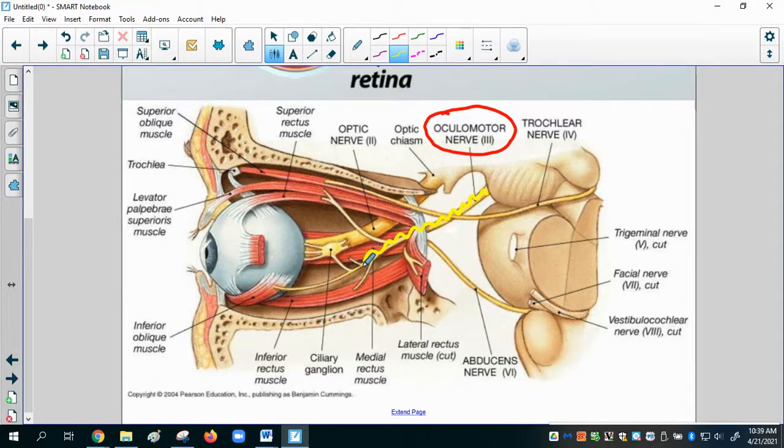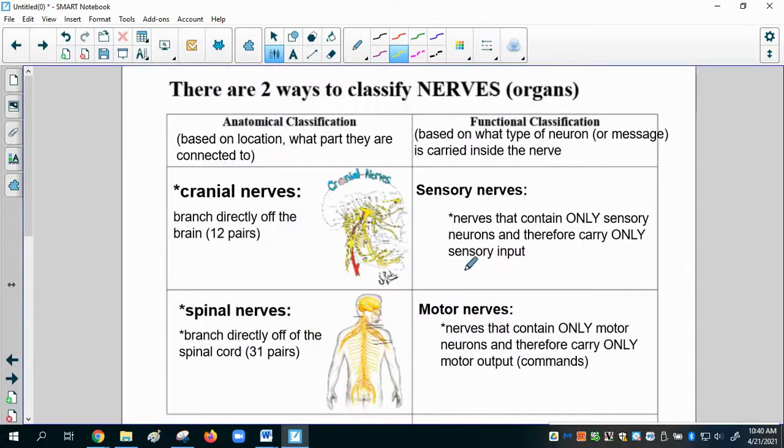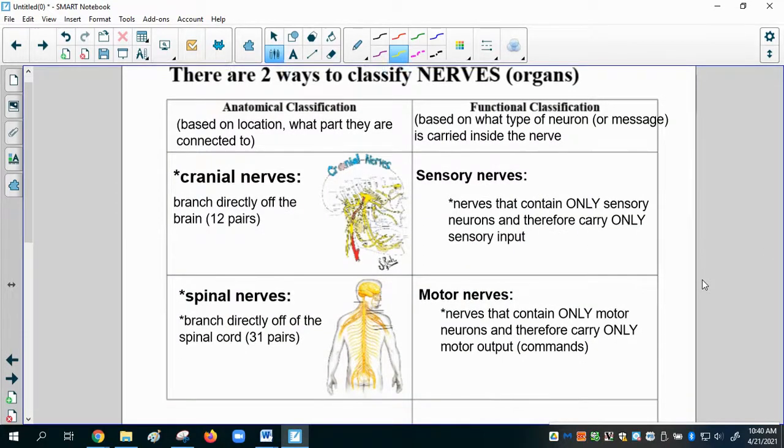It only carries command messages to your eyeball muscles to allow you to look around, open your eye, etc. So this nerve, because it only sends messages from the brain to the muscles and only has motor neurons in it, it's called a motor nerve. So what's the last category?